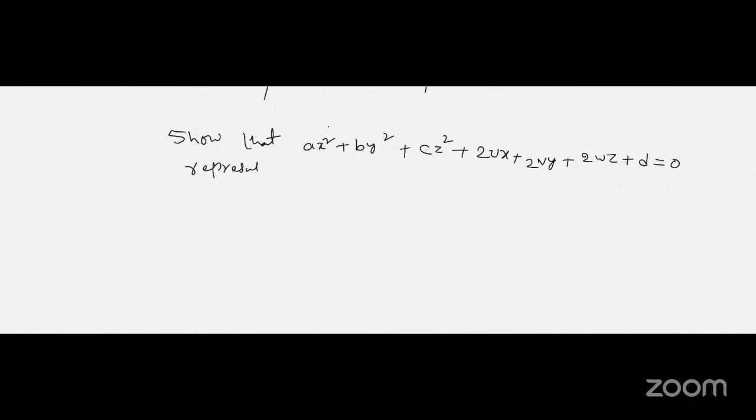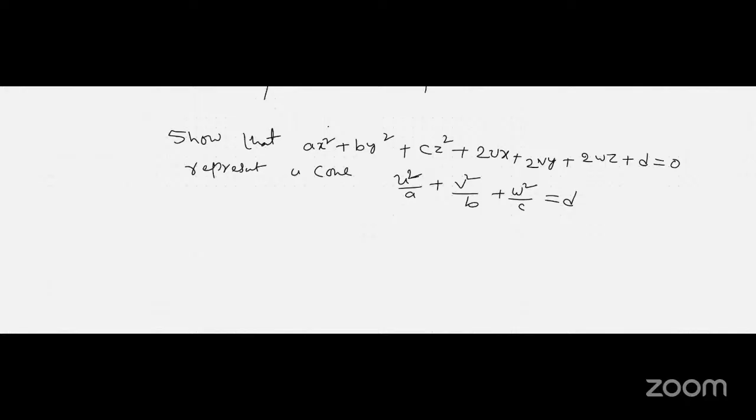Show that ax square plus by square plus cz square plus 2ux plus 2vy plus 2wz plus d equal to 0 represents a cone if u square by a plus v square by b plus w square by c equal to d.